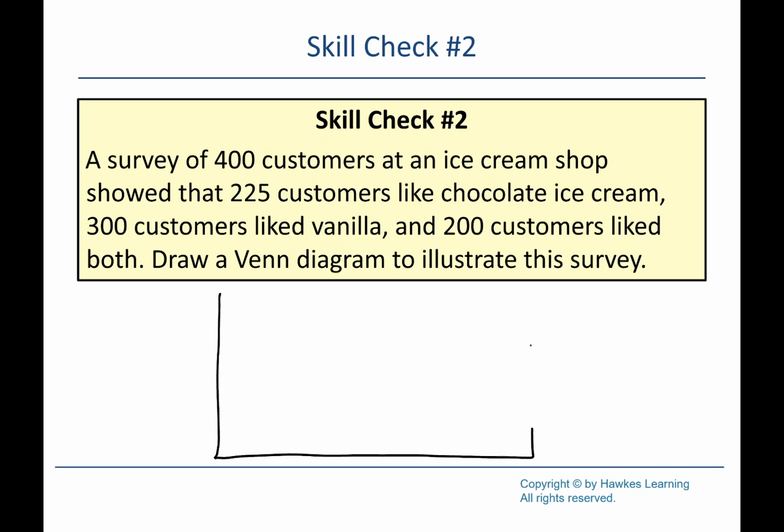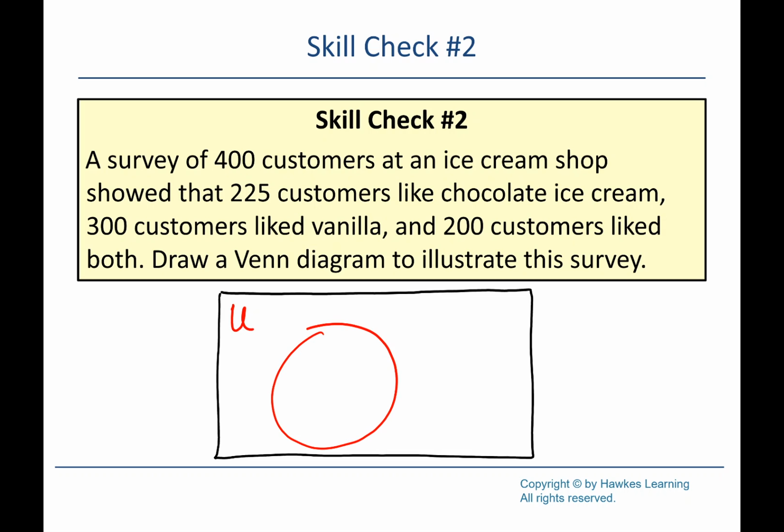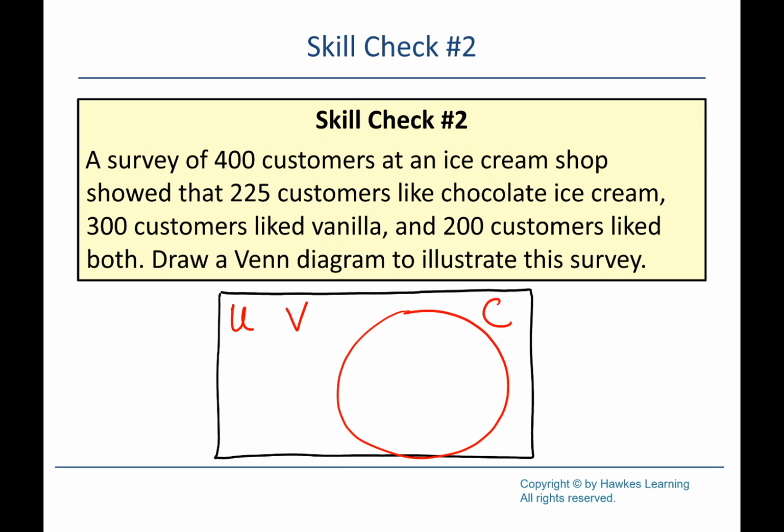So, here's the universe out here. I know we got some that like both, so we've got to overlap. And it doesn't matter which one you call vanilla, which one you call chocolate. I'll do them like that. Kind of an ugly circle.